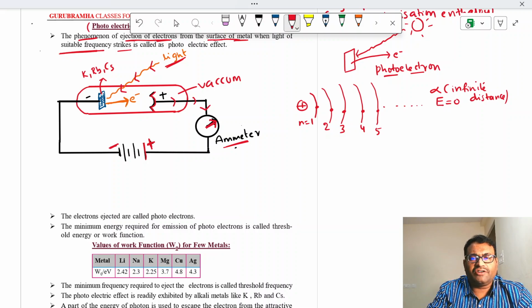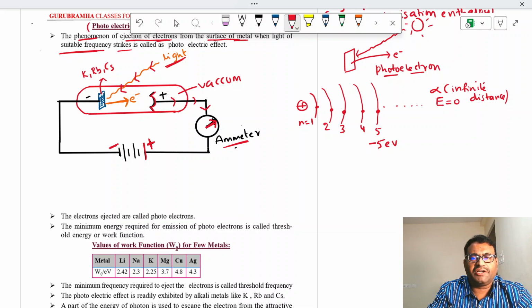So let us take an electron in the fifth energy level, for example. It is having minus 5 electron volt energy. And let us take an electron in the third orbit.